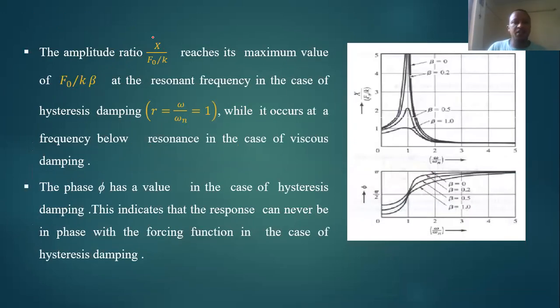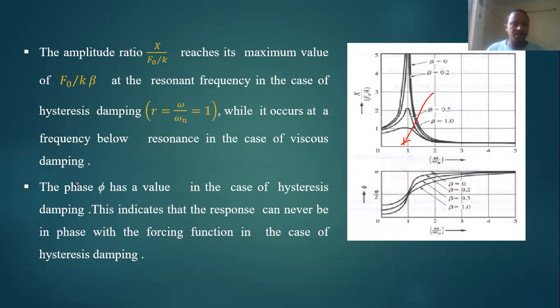The amplitude ratio x over f naught over k reaches its maximum for beta equal to 0, 0.2, 0.5, 0.1, and so on. This indicates how the amplitude ratio decreases as we increase the beta value. And the phase angle phi versus omega over omega n, how does it behave?